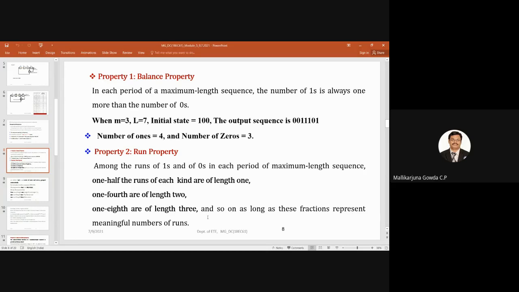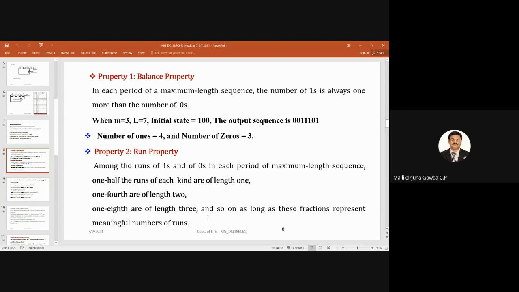So with respect to that, 1 by 2 is the fraction, right? As these fractions represent a meaningful number of runs. You understood my point. 1 by 8 into 4. 4 is the number of runs, no? 4 runs are there.